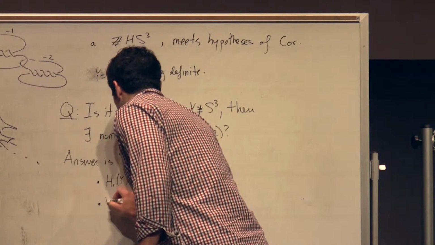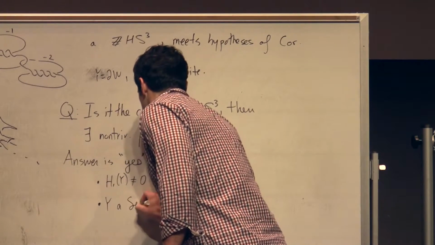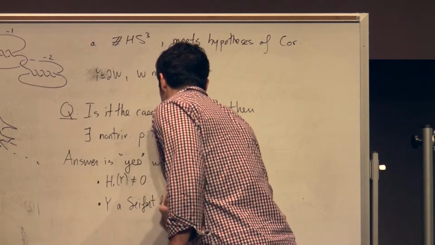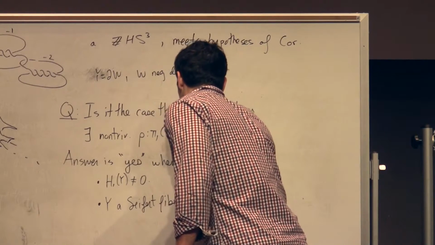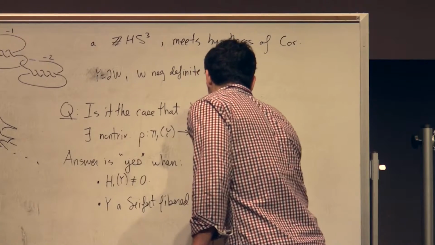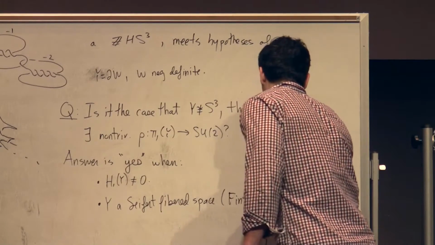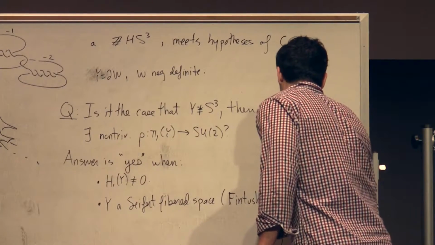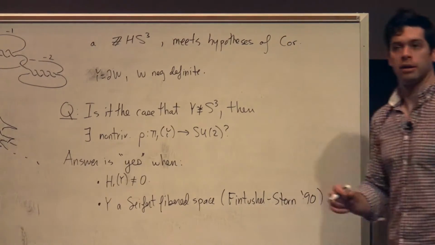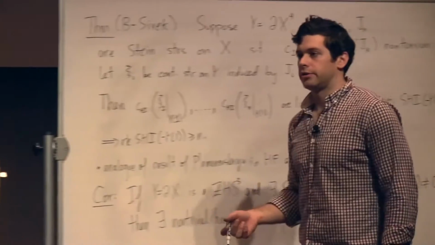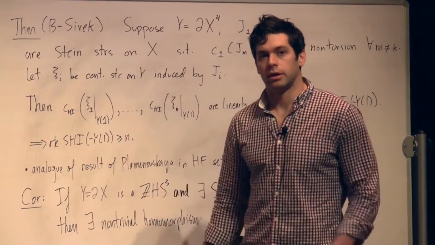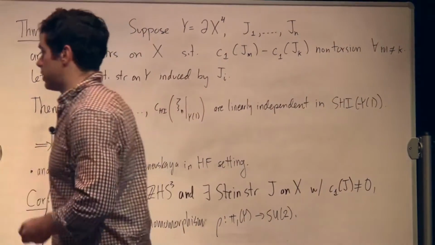It was shown that the answer is yes when Y is a Seifert fibered space. This is a result of Fintushel and Stern from '90, when they used some of the earliest versions of instanton Floer homology to compute the invariants of Seifert fibered spaces.